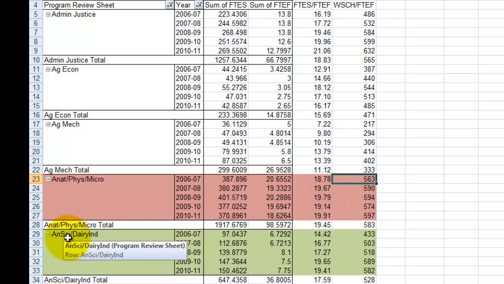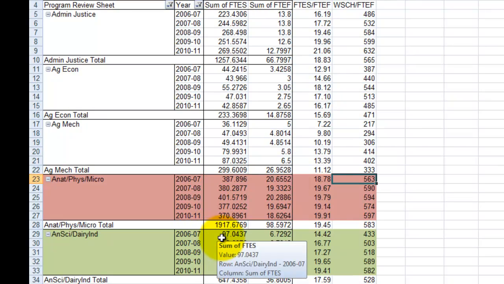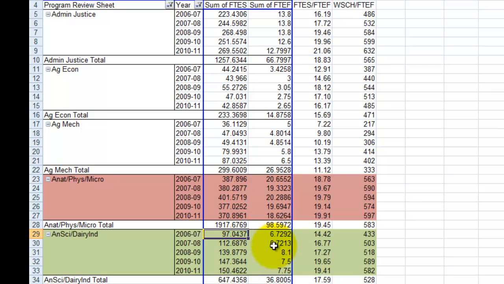Down here in the animal science dairy industry, again, it compiled all courses across the animal science and dairy industry disciplines and got the total FTES. We got the total FTEF and divided those numbers and came up with the 433. And then it was these numbers here that were used to populate CurricUNET.